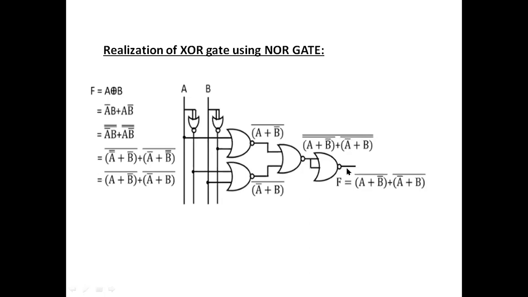So again, we are performing another NOR operation, an inversion operation, in order to take out this topmost complement. Now this is the expression that we are expecting for an XOR gate. So this is the implementation of XOR gate using NOR gate.